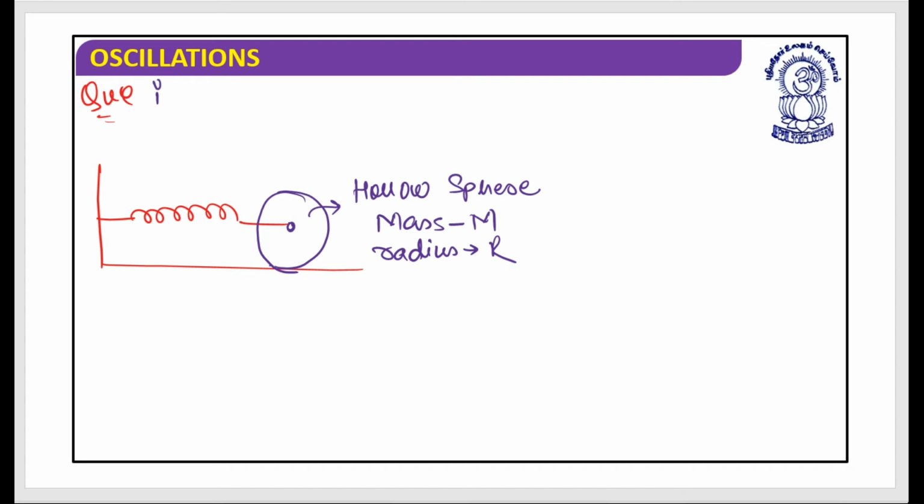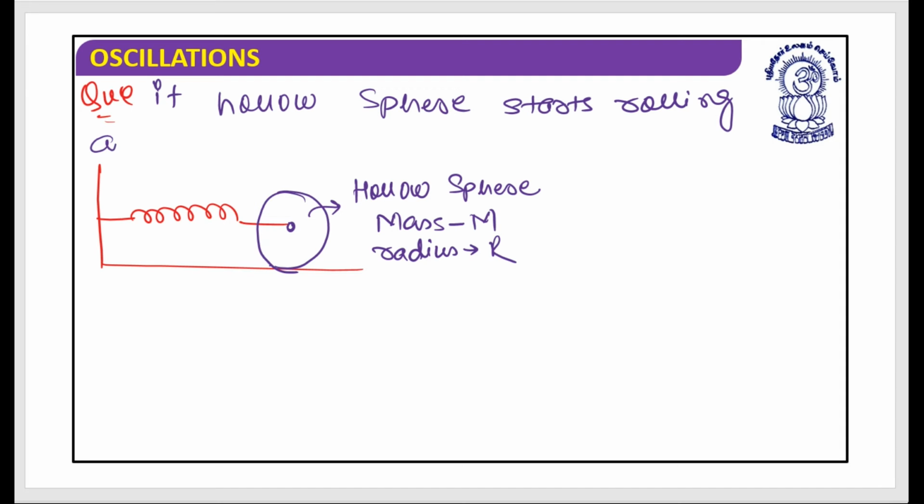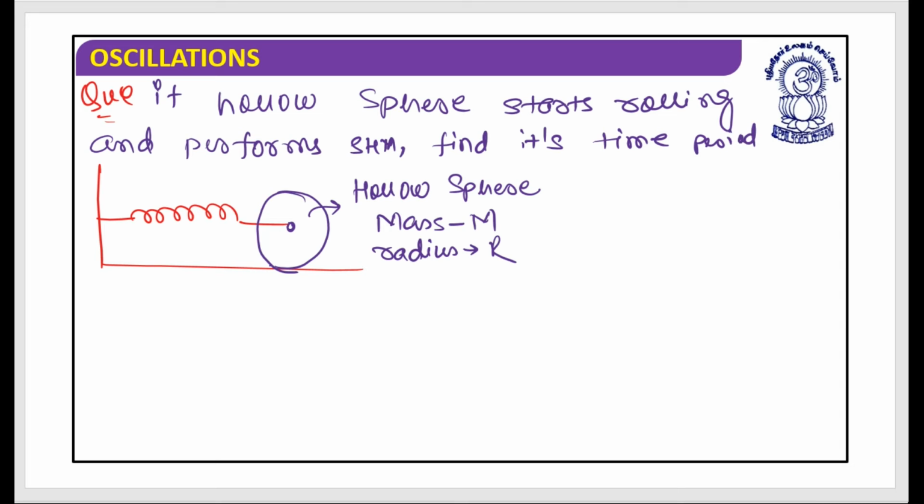If the hollow sphere starts rolling and performs SHM, find its time period. Do it yourself. You have a time of 30 seconds. Please do it quickly.